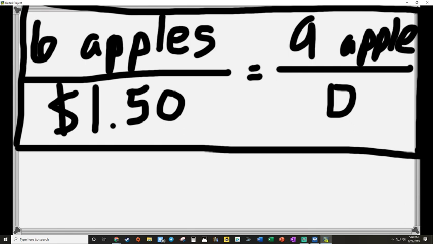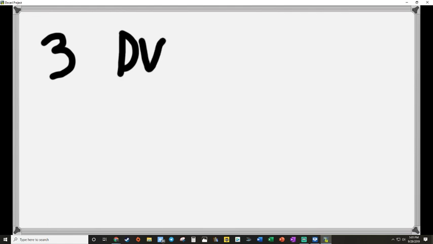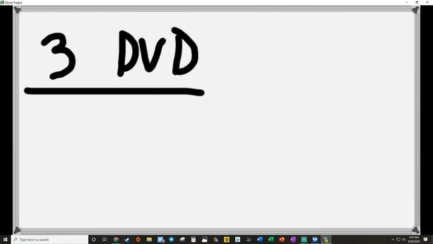Example 2 actually wants us to set it up, then solve it. If DVDs are 3 for $10, what is the approximate cost of 1 DVD? So we need to set up a ratio for 3 DVDs and their cost, and for 1 DVD and the unknown cost. We have 3 DVDs that cost $10.